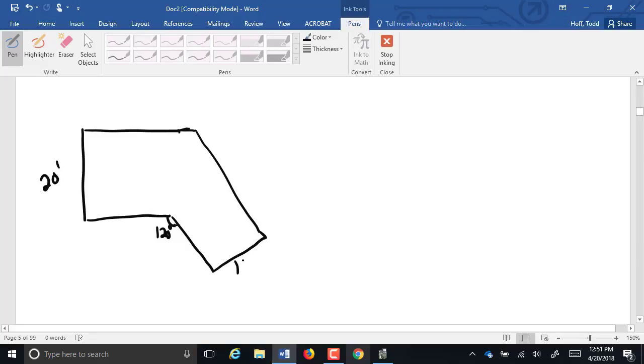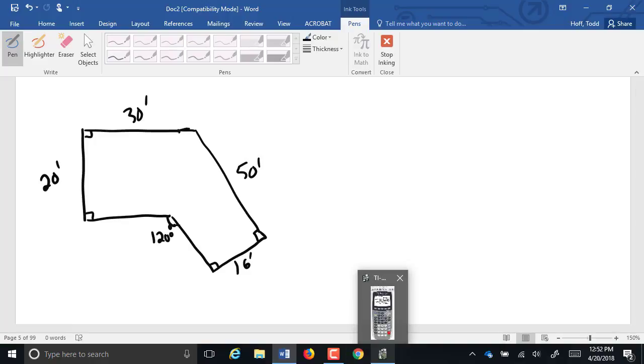This over here, we're gonna make 16 feet. I'm gonna call this up here, we'll go 30 feet here, 50 feet here. Find the area. Assume, of course, that these are right angles in the corner, even though my drawing sucks. I want you in your notes, take about 6 or 7 minutes. Find that area.